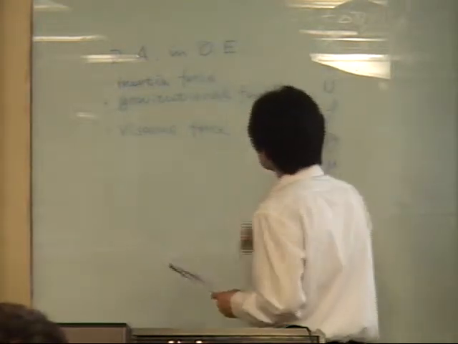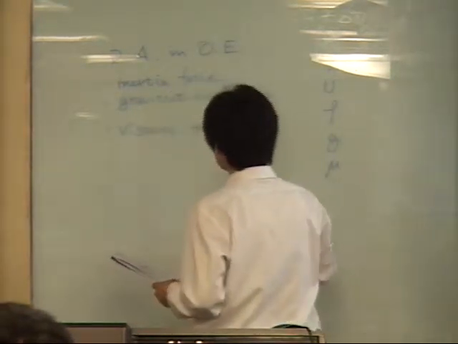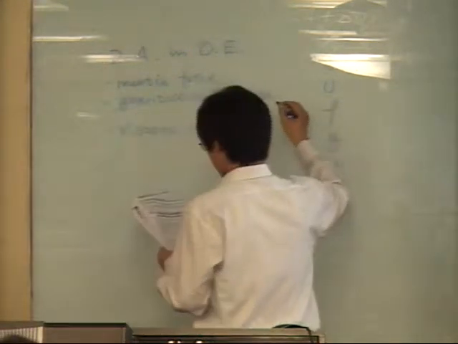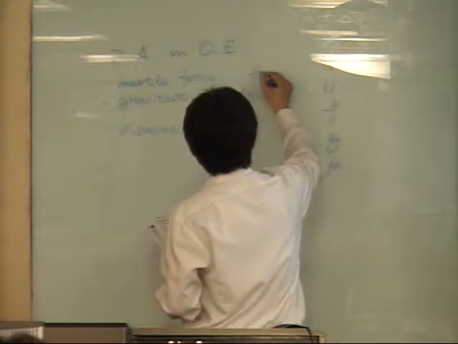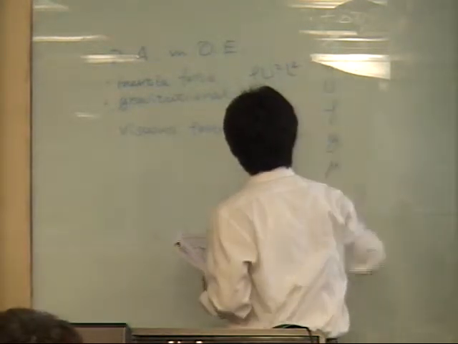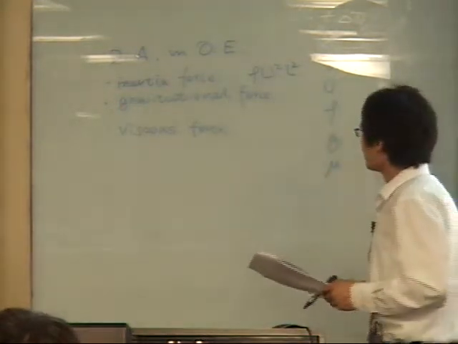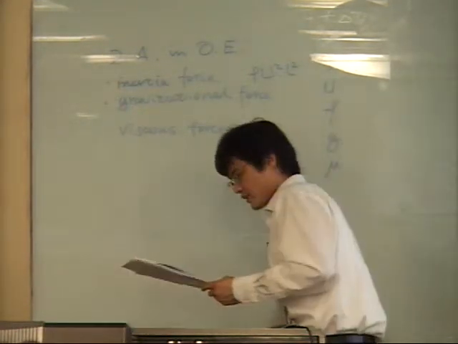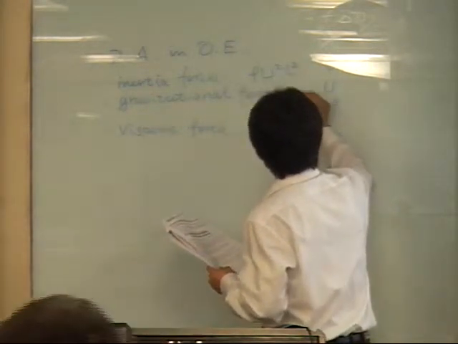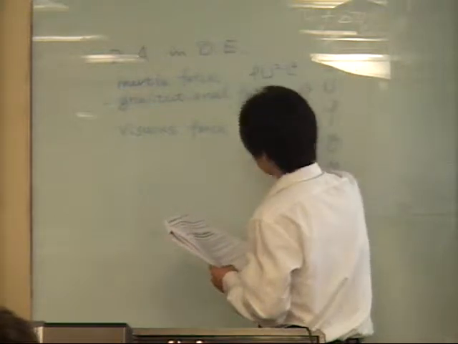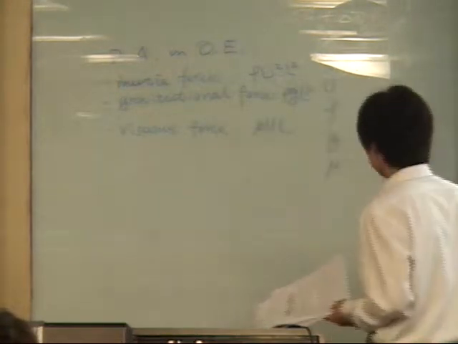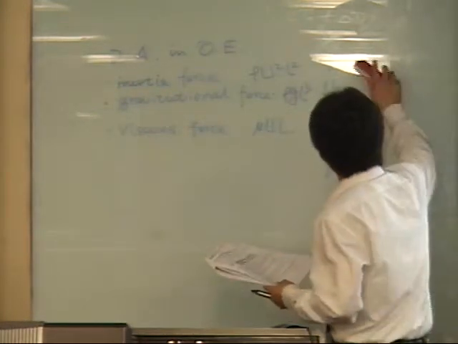So how do we find the inertial force? Inertial force is like this: rho U squared L squared. Gravitational: rho g L cubed. Viscous: mu U L. I'll finish writing this first, and then I'll explain how we get this.